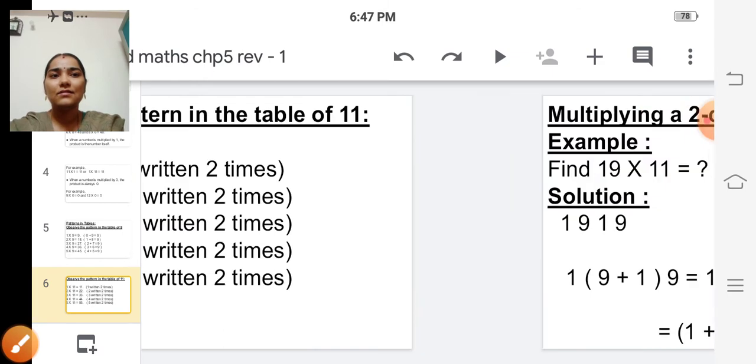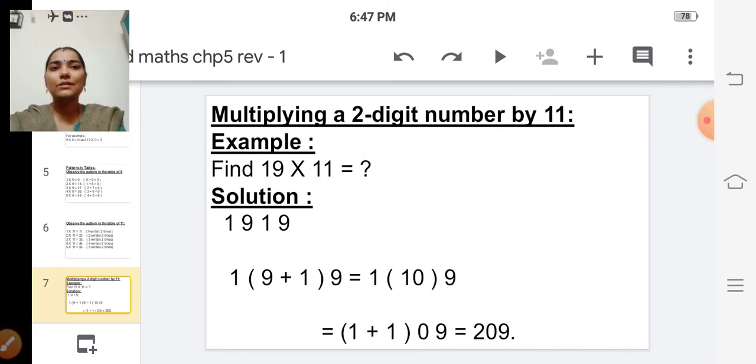Yes. The next one, multiplying a 2-digit number by 11. So there is a shortcut method of multiplying a 2-digit number by 11. Shall we see? Yes. See the first example. Find 19 into 11.